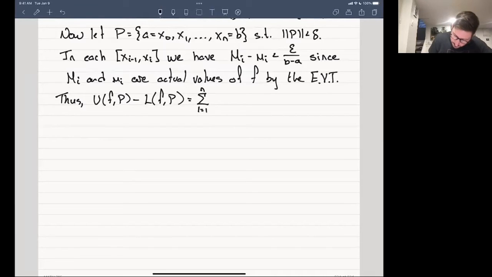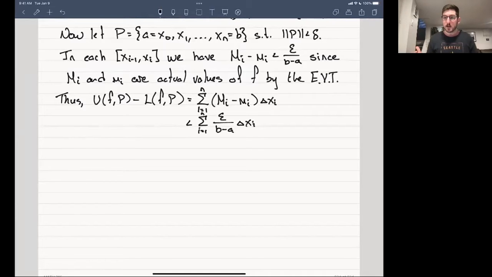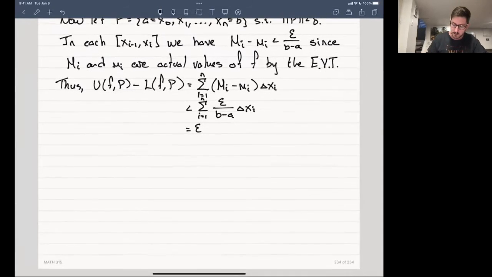This is going to be capital Mi minus little mi times delta xi, which I know that I've got this capital Mi minus little mi, that's less than epsilon over b minus a, times delta xi. Now, epsilon over b minus a, that is a constant. We know what happens when we sum up all of the delta xi's. You just get b minus a. And so this thing is within epsilon. The upper sum minus the lower sum is within epsilon of each other.